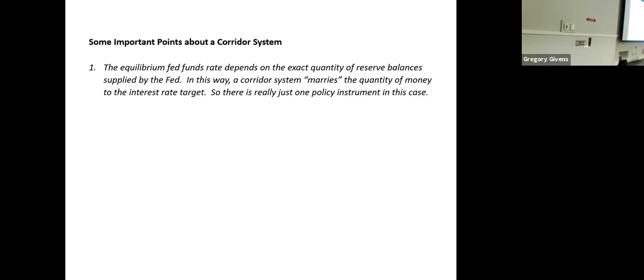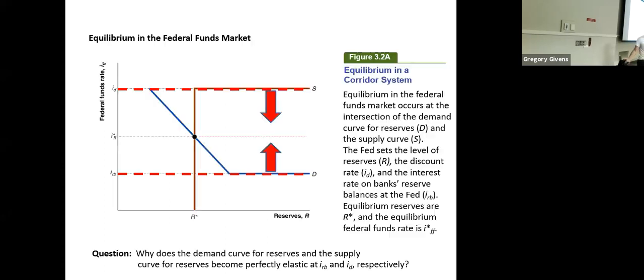When we talk about a floor system, the quantity of money and the interest rate target get a divorce, okay? And there becomes more than one policy instrument. In a corridor system, however, the quantity of money that is bank reserves is very much married or tied to the interest rate target. Let me go back to the graph here to show you why. Think about it.